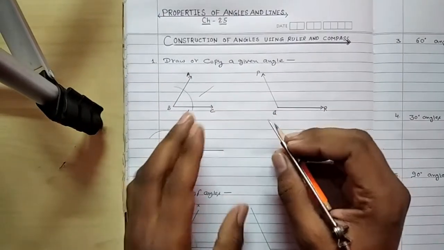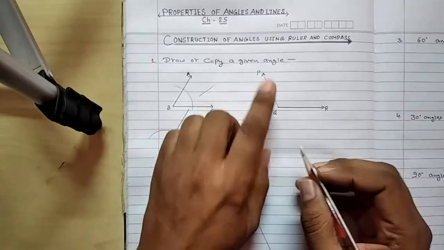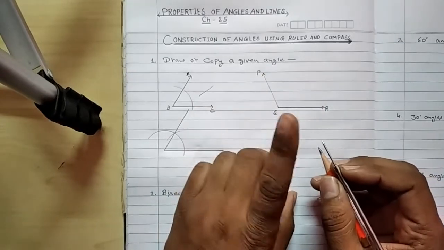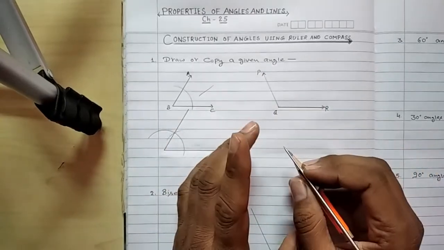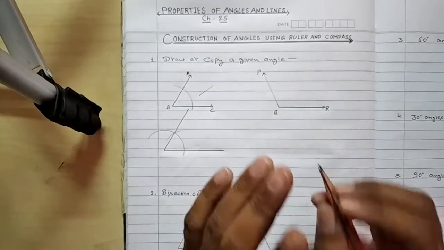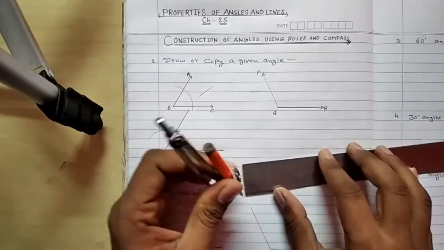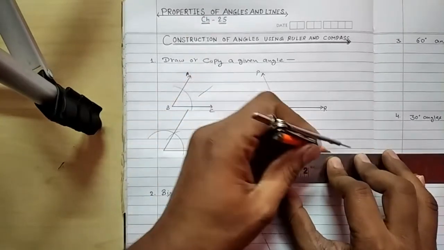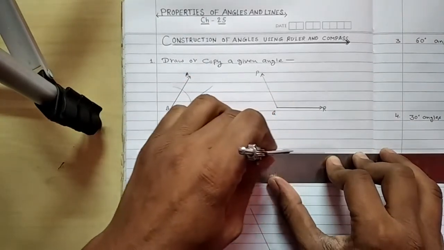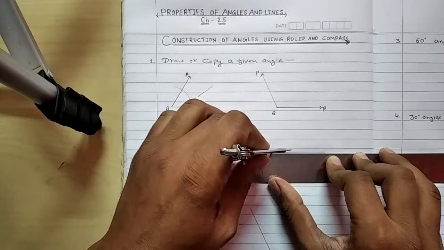Now after that we will draw or copy the given angle PQR with the same measurement. And you know, to copy the angle, we draw the line segment first of all. So first we draw a line segment of any measurement like 5, 6, 7, 8, whatever you wish.